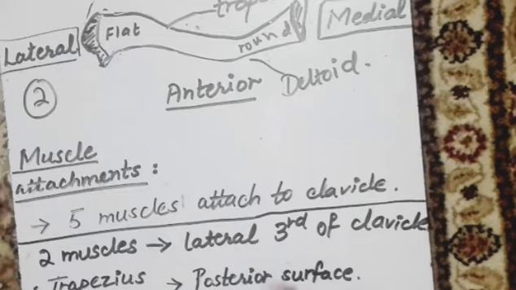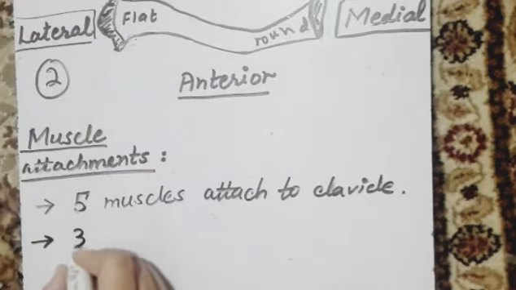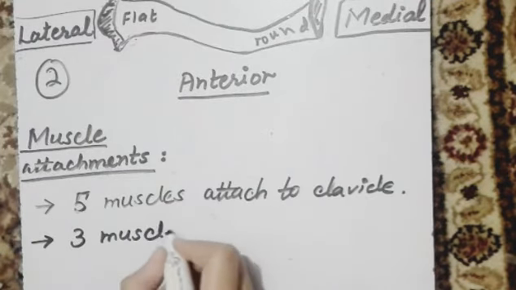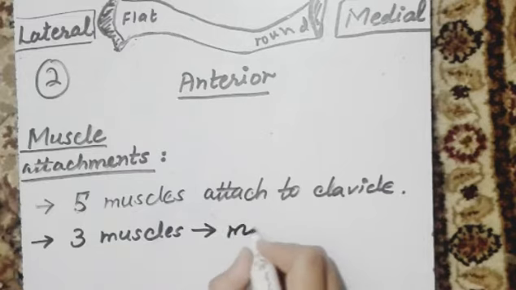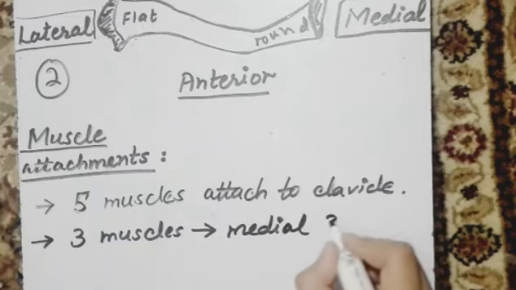Now we'll see how many muscles are attached to the medial third of the clavicle. There are 3 muscles attached to the medial third of the clavicle.